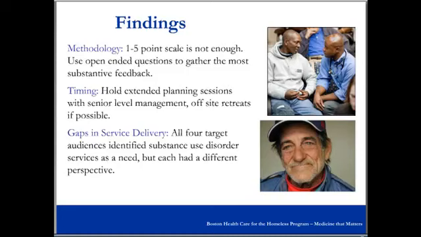And finally, gaps in service delivery. The 2 areas where we found the biggest gaps in service delivery were with substance use disorder services and with services for victims of domestic violence, trauma, and other violence.